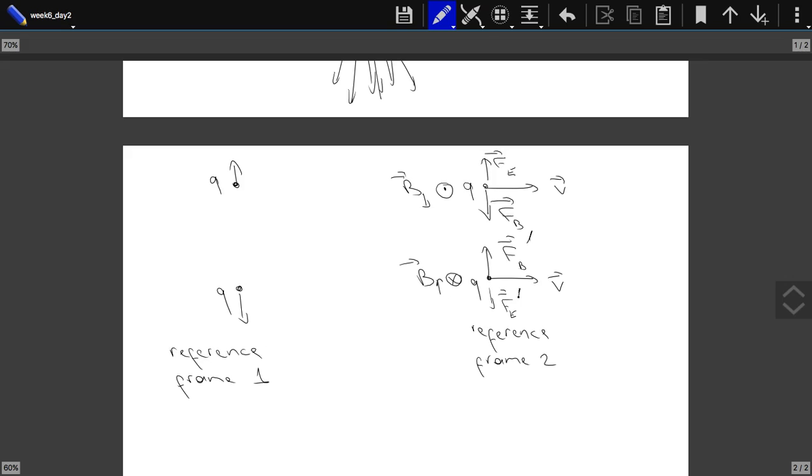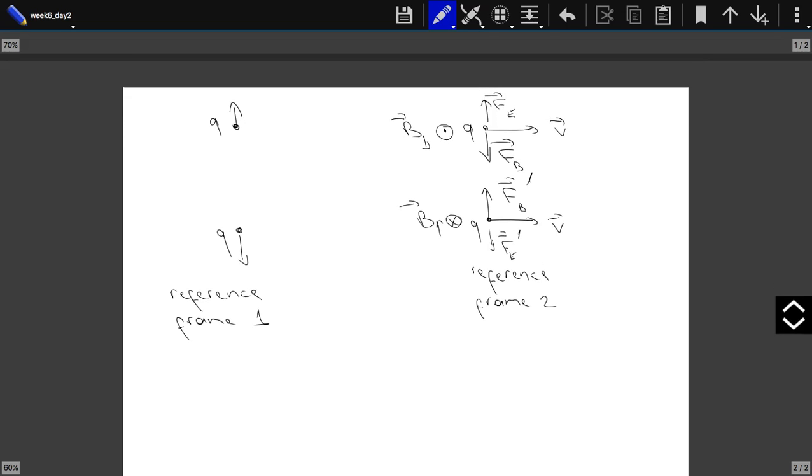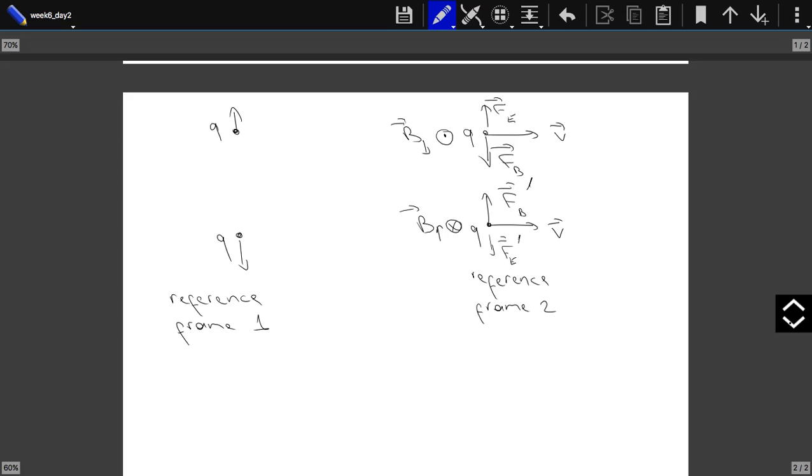So it should be the same in that reference frame also. Any questions?